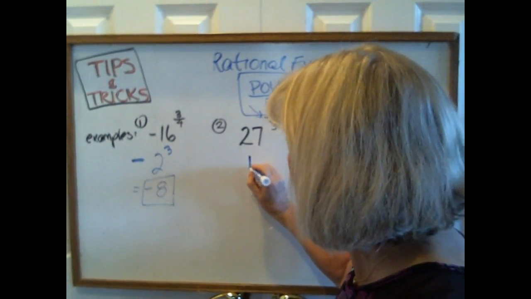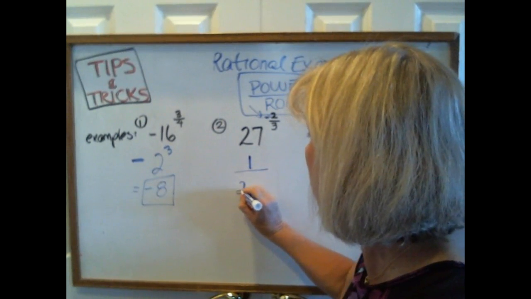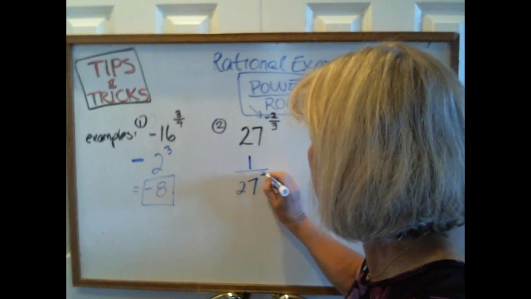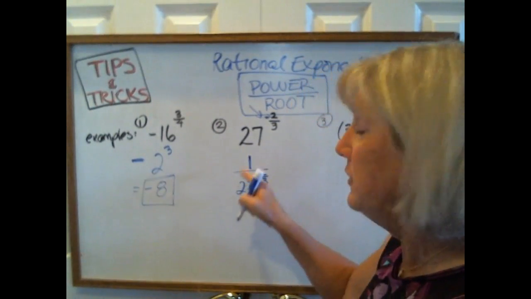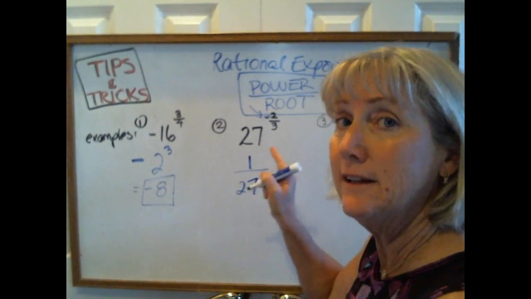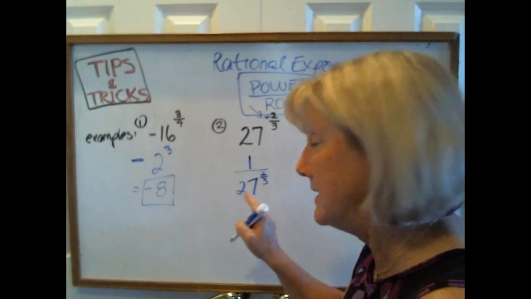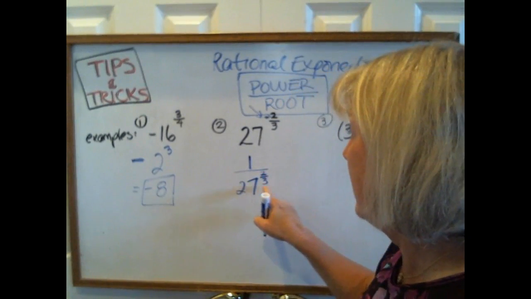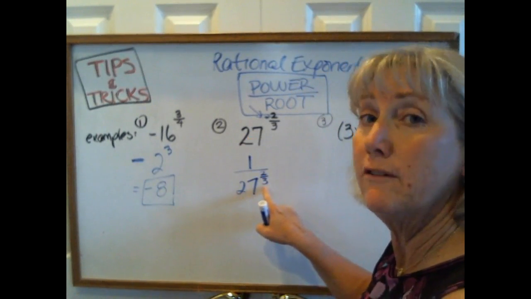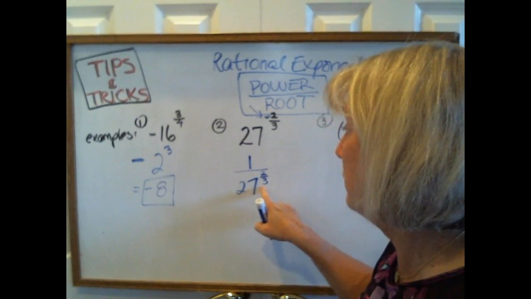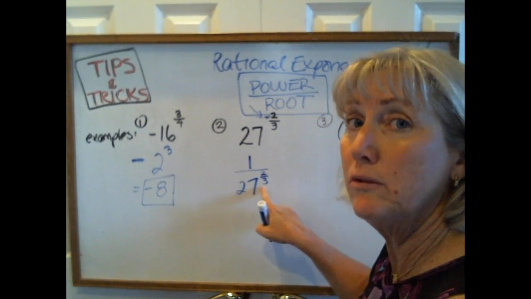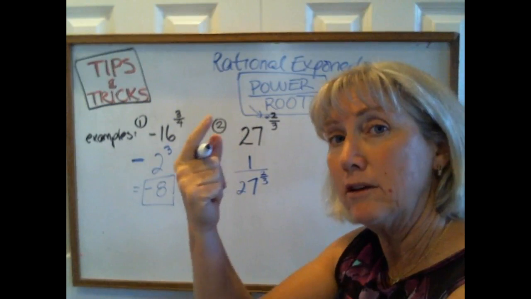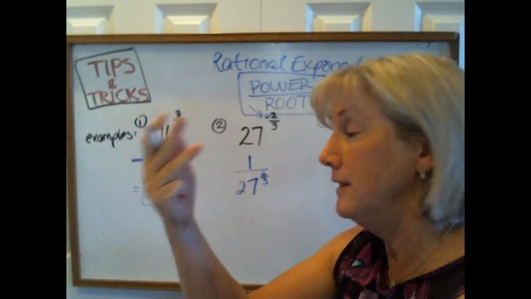So I'm going to write this as 1 over 27 to the 2/3. Notice the 27 is not negative, it just goes to the denominator. So then, again, my hint was to do the root first. The cube root of 27 is 3, because 3 times 3 times 3 is 27.